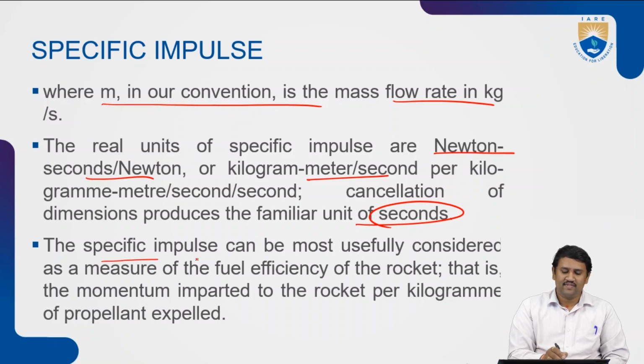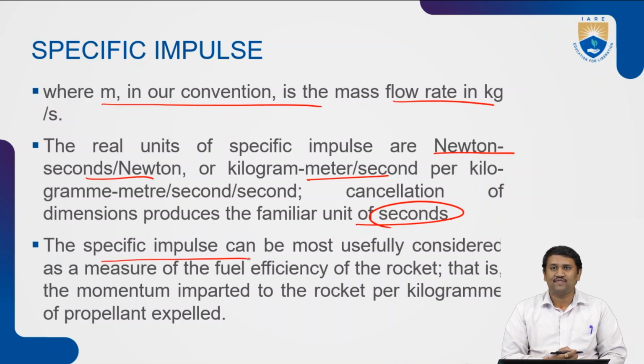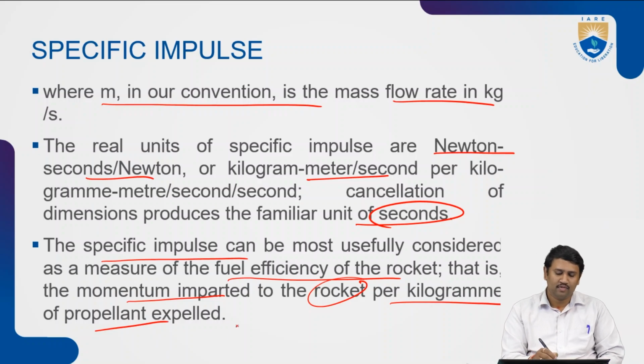And the specific impulse can be usefully considered as a measure of fuel efficiency of a rocket engine, that is the momentum that is being imparted, right? That is being imparted to the rocket per kilogram of the propellant that is being expelled through my exit area.